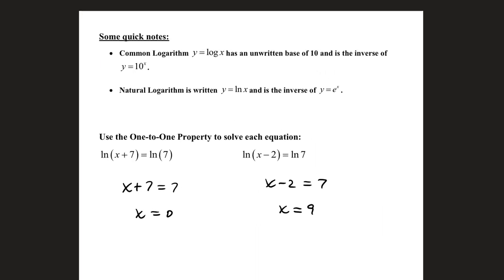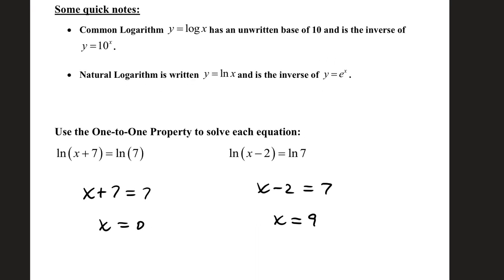Some quick notes. Common logarithms are written as log x. You won't see a base number specifically written, but it is totally okay to write a 10 there if you need it. Its inverse is 10 to the x. Natural logarithm, written with ln x, is the inverse of e to the x.